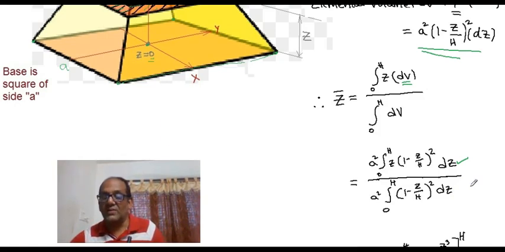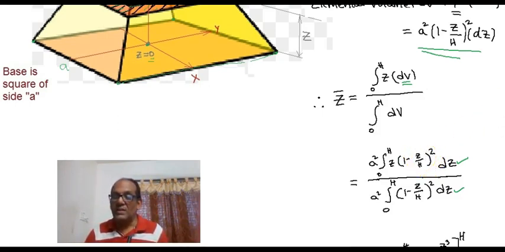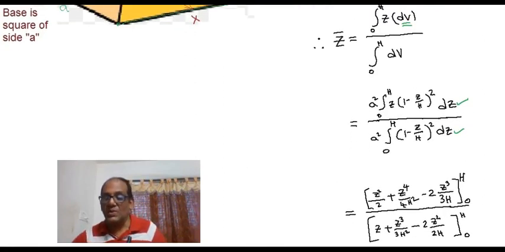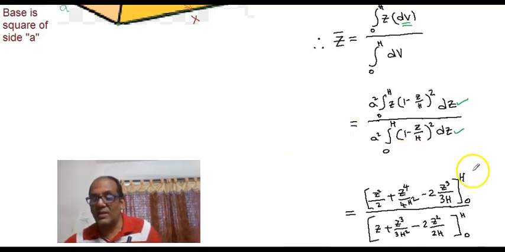We'll try to simplify these by noting that this 1 minus z over h whole square is 1 plus z square over h square minus 2z over h. That will simplify to the indefinite integral shown here between the limits h and 0.